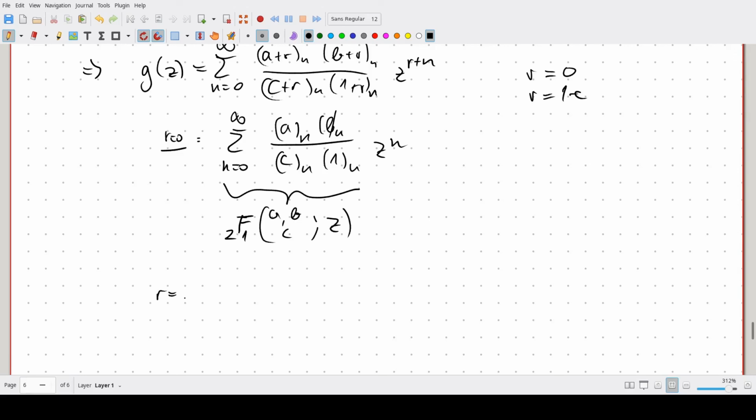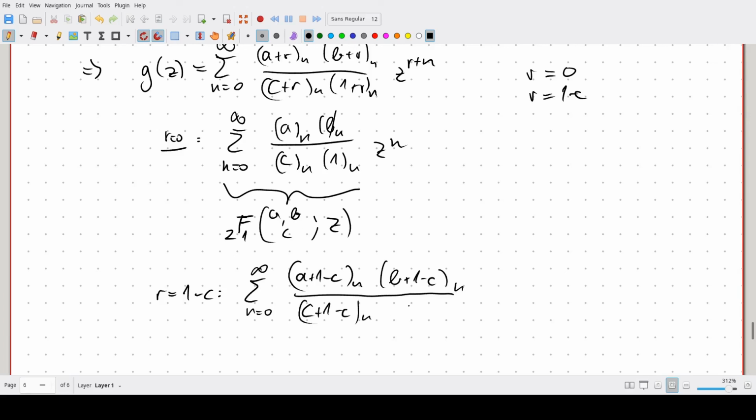And now what happens if we pick 1 minus c for our r, then we get a plus 1 minus c and b plus 1 minus c over c plus 1 minus c and 1 plus 1 minus c, so 2 minus c, n, and well, the c's cancel here, z to the 1 minus c plus n.